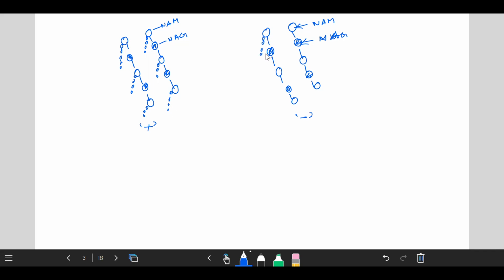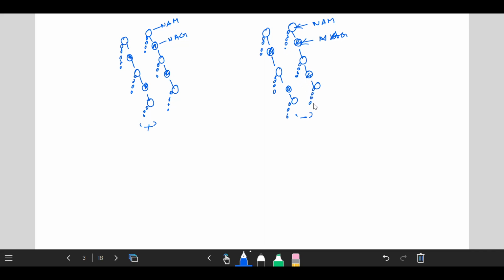It means two peptide chains are connected with this tetrapeptide. Actually, these are tetrapeptides, four peptides linked together.